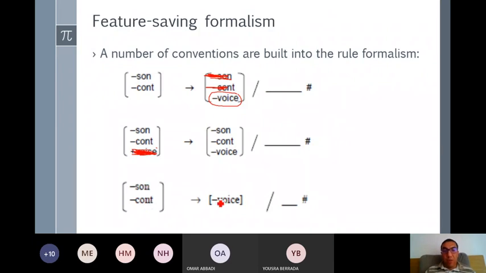Minus sonorant and minus continuant don't change, and so we don't repeat them. So these are two conventions that are built into this rule. And in general, these conventions are used when we want to formalize phonological processes.